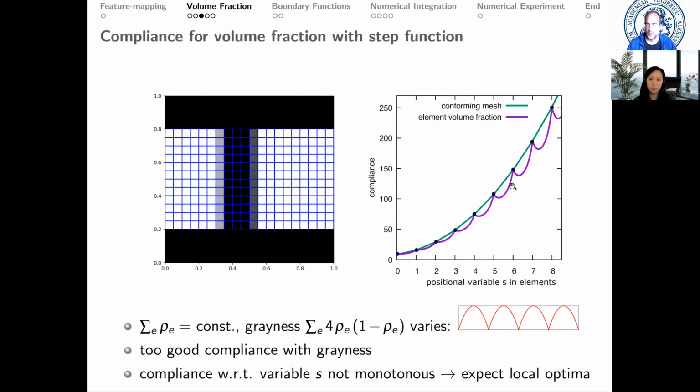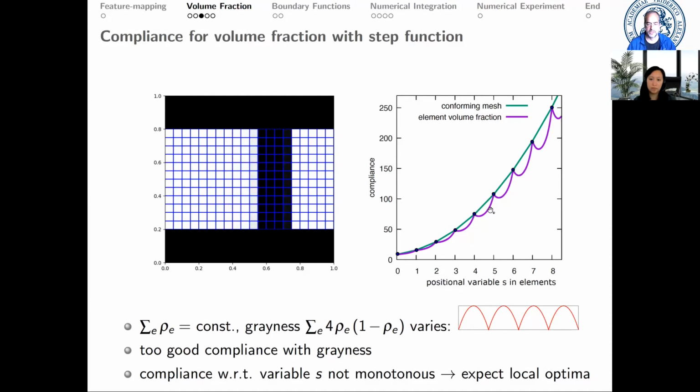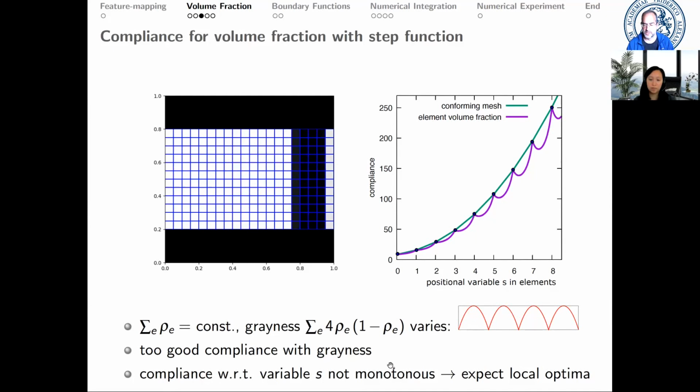In between, when we have grayness, our compliance is significantly better, but it's too good. So it's not the realistic one. Conforming mesh would be realistic. And what we shall expect as an optimizer from such a behavior is strong non-monotonicity and local optima.